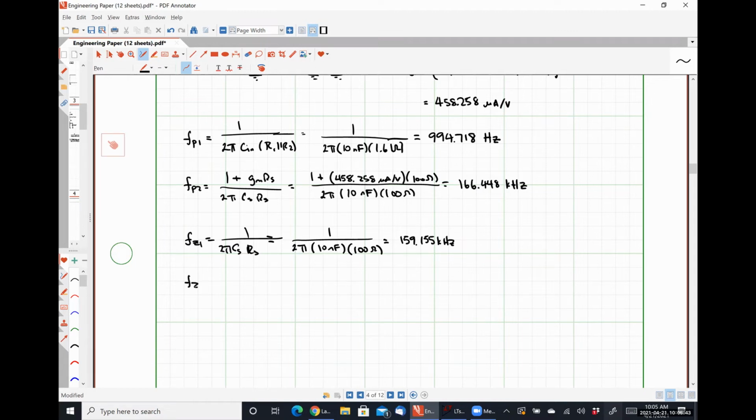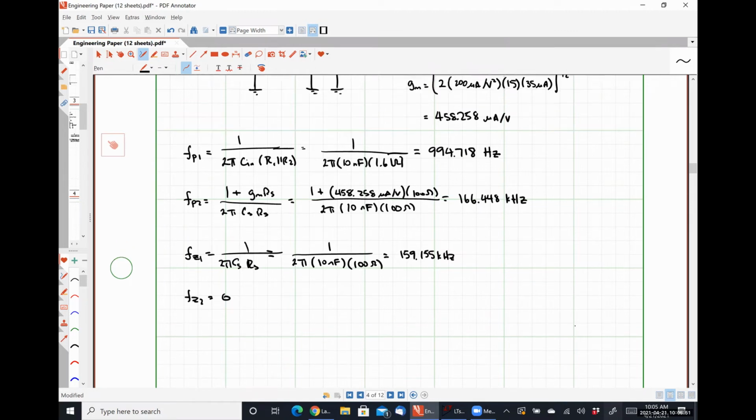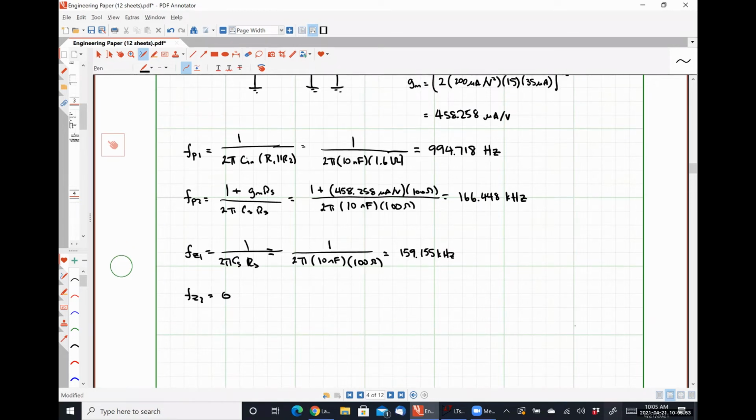And obviously the frequency of our second zero is 0. So let's see how reasonable of an estimation this is giving us, right? We're looking for a pole at roughly 1 kilohertz and a pole at roughly 166 kilohertz and a zero at 160 kilohertz or so.